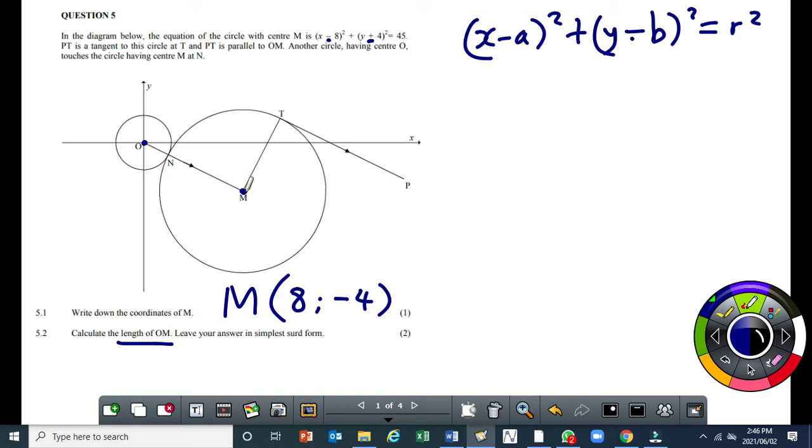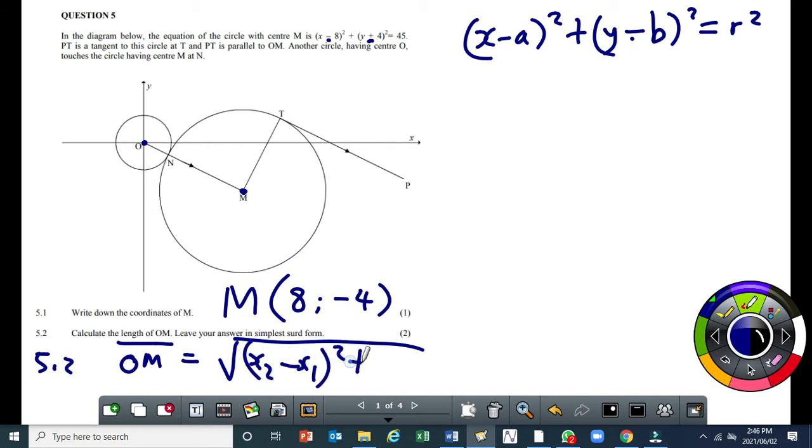So I'm going to write my distance formula. This will be for 5.2. OM is going to be equal to the square root of (x2 − x1)² + (y2 − y1)². So that's my distance formula. I put the square root to make things easier for myself.